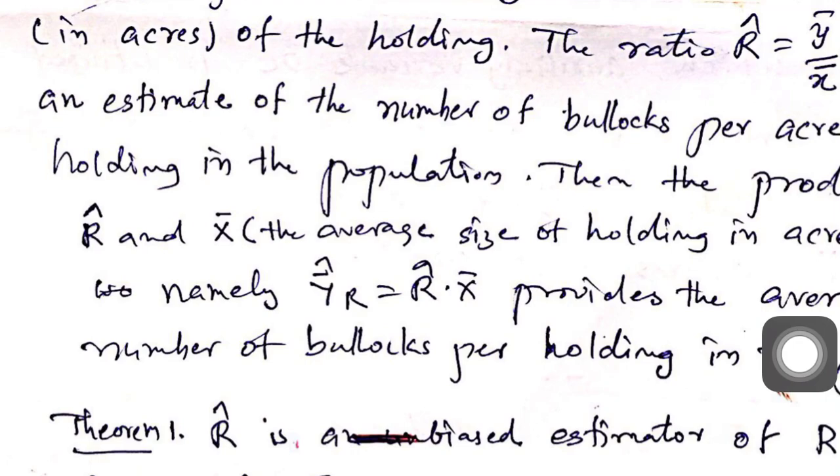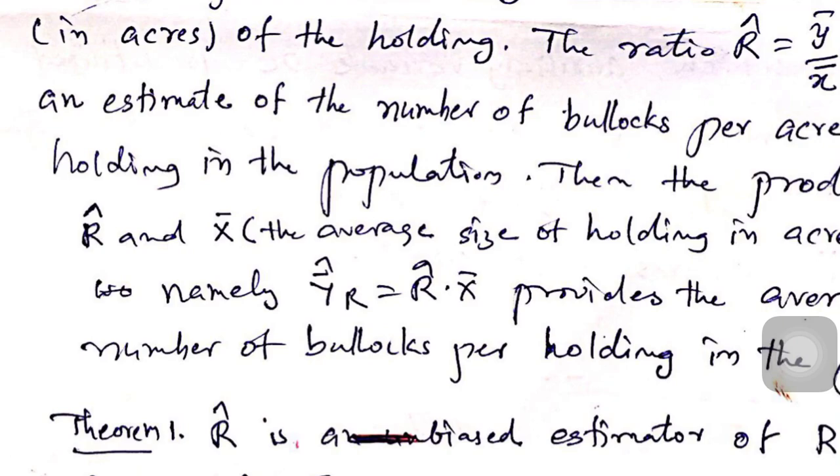Okay, so in both the examples, actually you are estimating the parameters associated to your main variable y, and for estimating these parameters you are utilizing a variable correlated to your main variable, called small x.